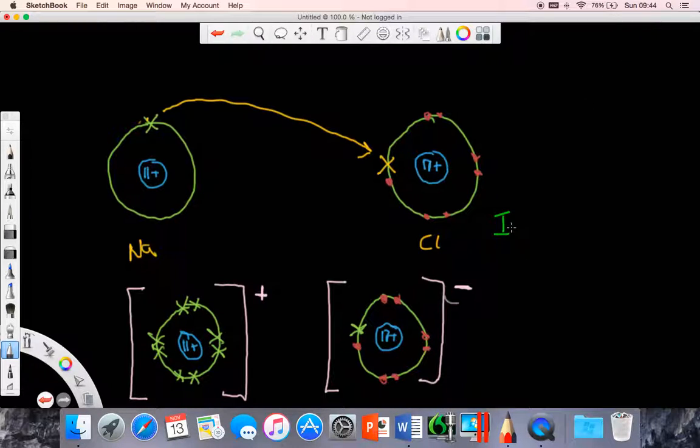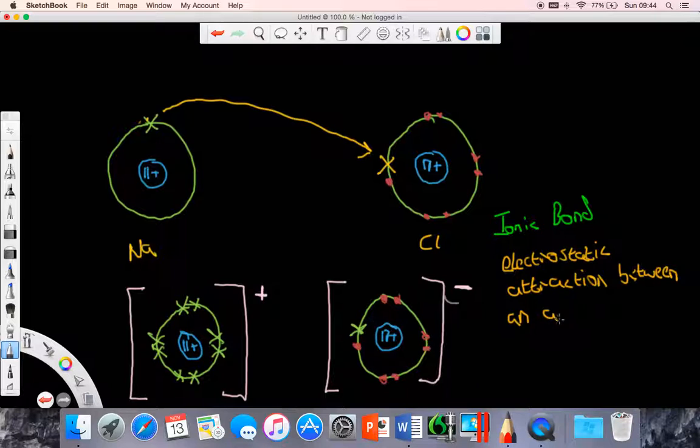An ionic bond is an electrostatic attraction between an anion and a cation.